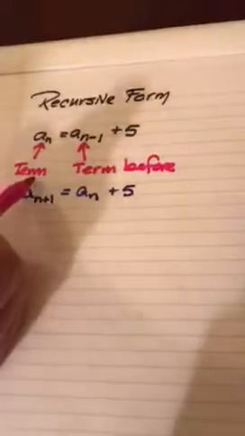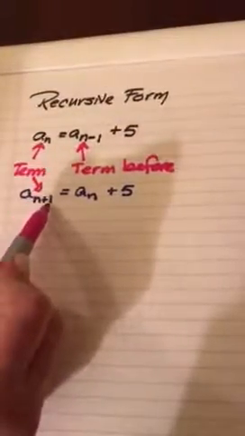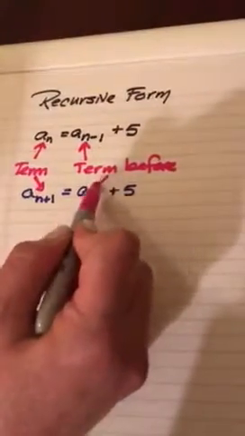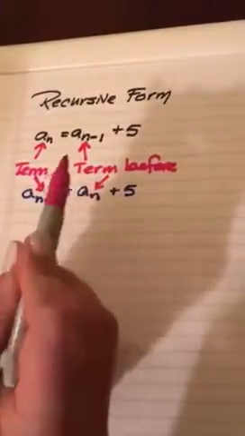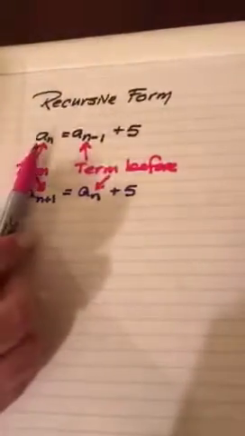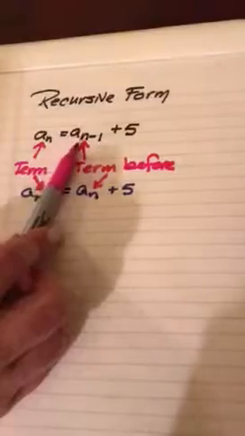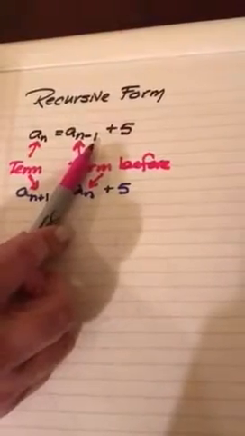These would essentially be the exact same sequence. Notice that in this case, because I called the term I'm looking for n plus 1, the term before it would be a sub n, which is exactly the same as if I have a sub n, and then the term before it is a sub n minus 1.